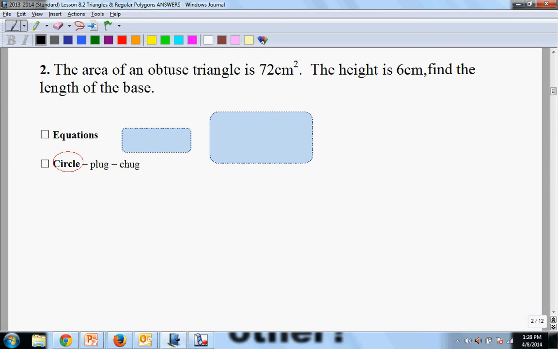No, you may not use a calculator. Go ahead and do it.